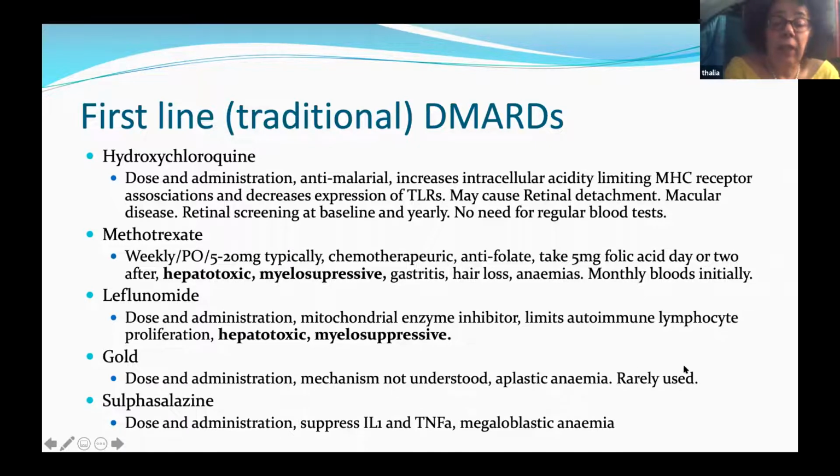Leflunomide, it's a potent drug. We need to watch the patients again. Similar to methotrexate, more expensive than methotrexate. Gold is not used any longer. Sulfasalazine is used, and it has a role to play in seronegative arthropathies, mostly.